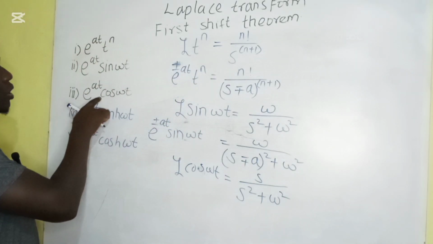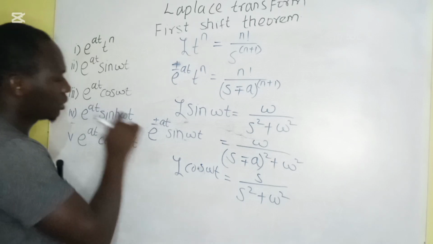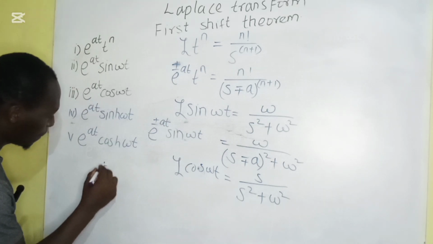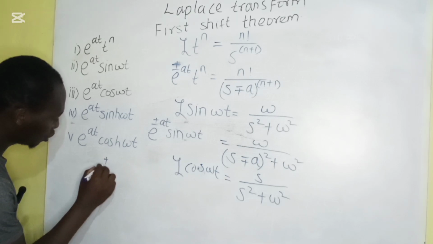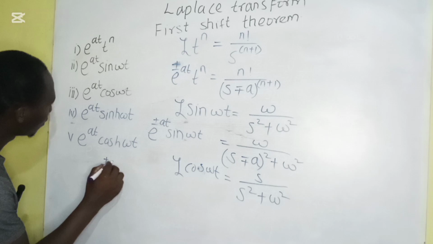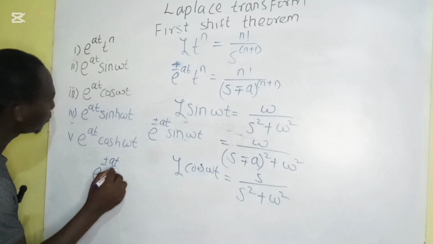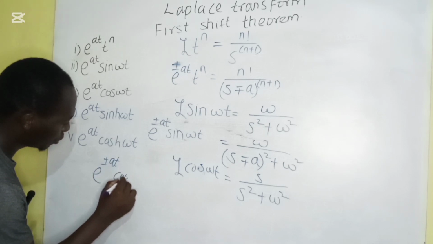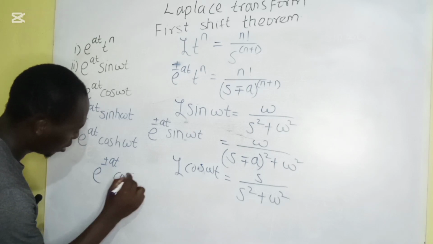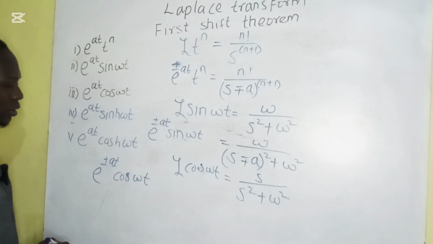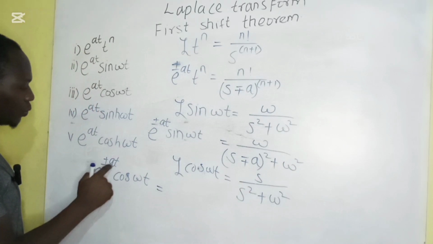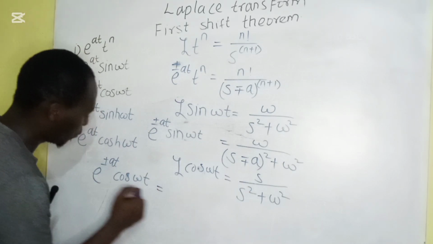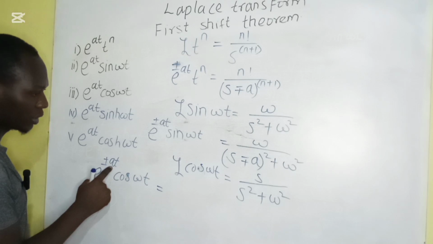But since we are going to carry out our shifting method, we must have exponential positive or negative of at times cos of our angle t. Our term of s, we are going to shift with respect to our power. So we are going to shift with respect to the exponential here.